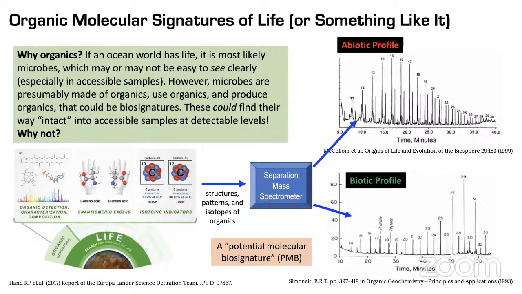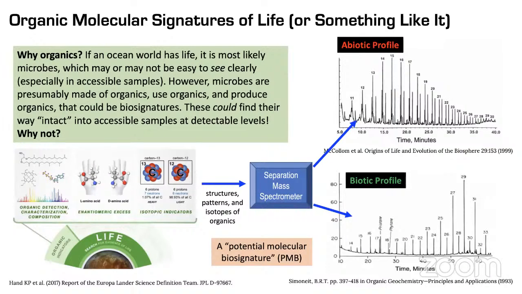But microbes are presumably made of organics. They use organics and they produce organics, and those could distribute quite broadly. Any of those organics as a membrane in a cell or as part of metabolism could be a biosignature.